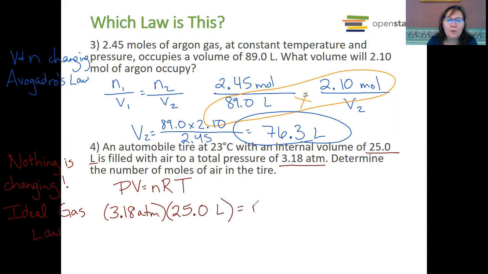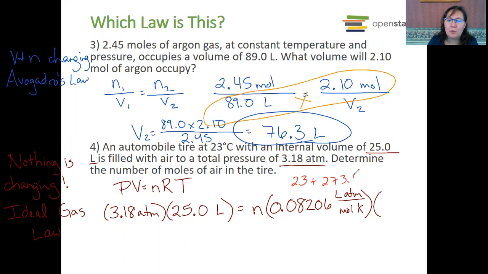That equals my number of moles, so that's what I'm looking for, times my ideal gas constant R, which is always 0.08206 liter atmosphere per mole Kelvin, times my temperature. My temperature is 23 degrees Celsius, so 23 plus 273.15 becomes 296.15.